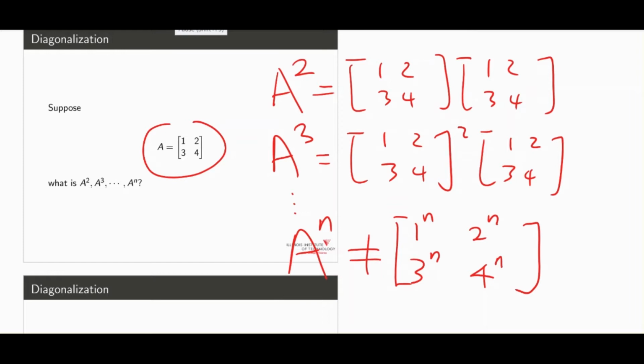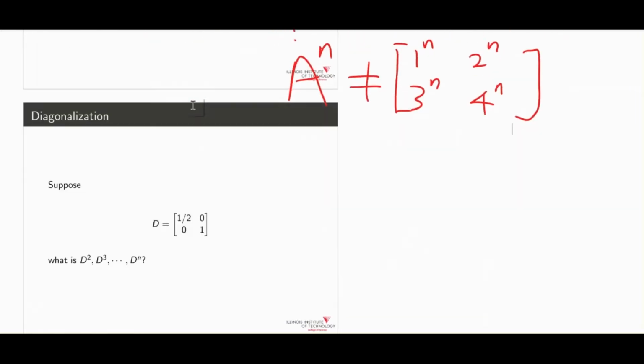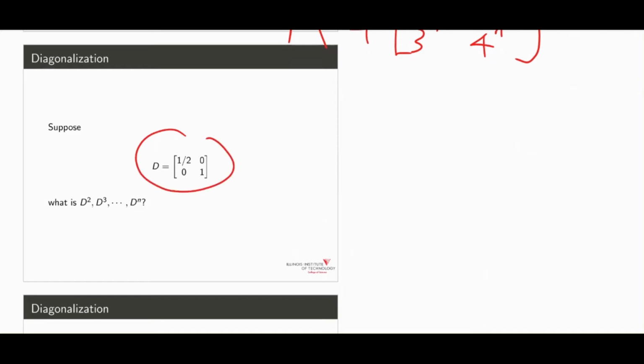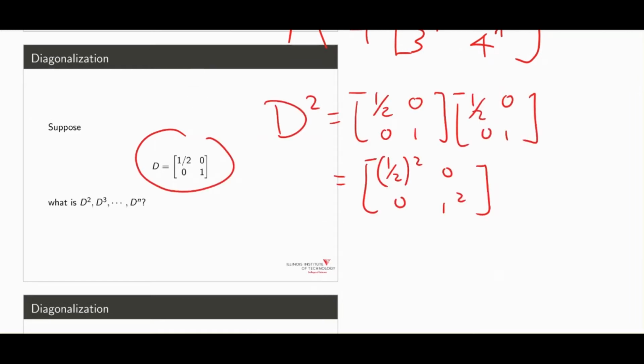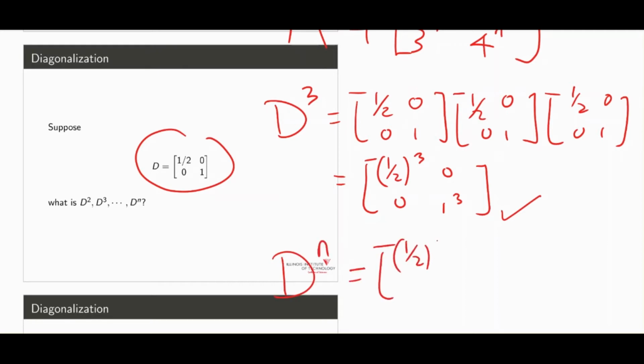Because of that, computations like this are going to be pretty tedious because there's no general pattern for it. However, if you look at a diagonal matrix, such as this one, if you compute D squared, you will see that D squared is actually this. And if you compute D cubed, then D cubed is actually this. In general, you can show that D to the power of n is 1 over 2 to the power of n, 0, 0, 1 to the power of n.